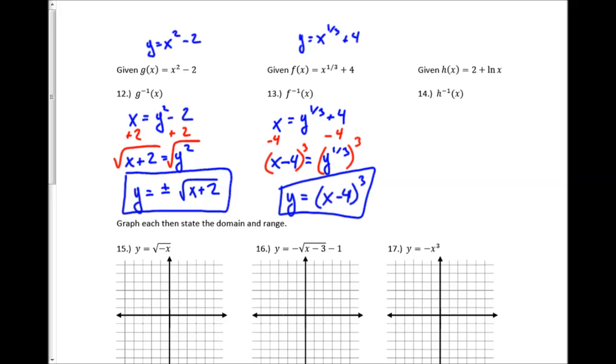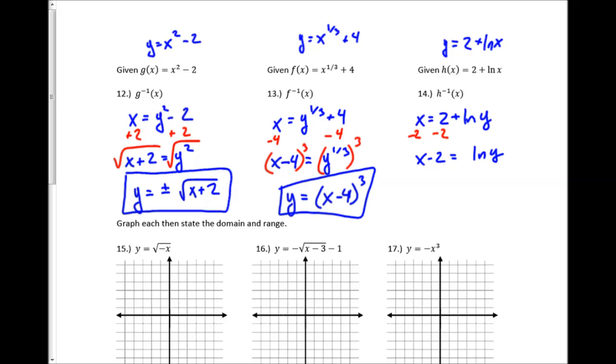Okay? In the next one, again, this is like y equals 2 plus the natural log of x. I'm going to switch the x and the y, so I'm going to rewrite this as x equals 2 plus the natural log of y. And now I'm just going to solve for y again, so I'm going to subtract the 2 from each side. So I end up with x minus 2 equals the natural log of y.